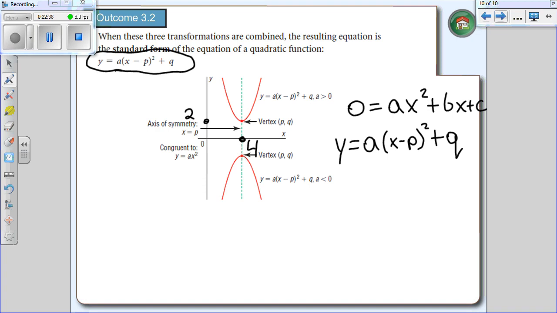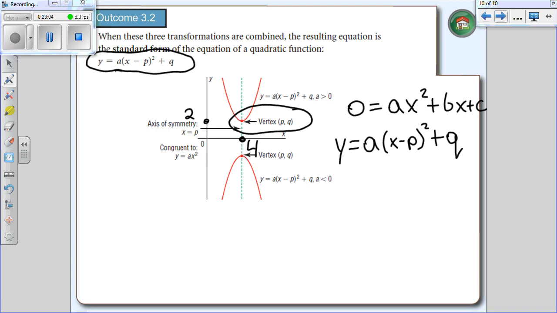The x value is your p, the y value is your q. It says it right here: vertex is at p comma q. So that's how you're going to get numbers in the future. Tomorrow we're doing a lot of that.